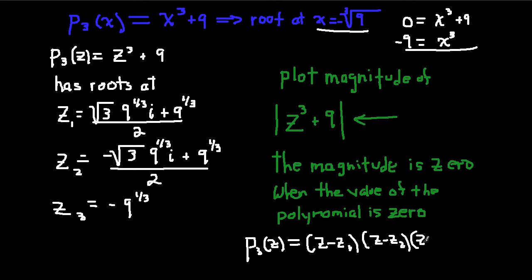Now, any complex roots that it has must occur in complex conjugate pairs. So I factor this polynomial, P3 of Z equals Z cubed plus 9, and I find the three roots, Z1, Z2, and Z3. Z1 and Z2 are complex conjugates of one another, and then we have Z3, which is the same real root we had a moment ago.